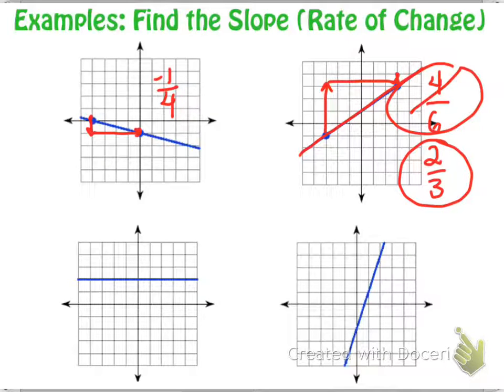So this is a horizontal line, which you should automatically know is a slope of 0. We use m for slope. Or if you were to pick 2 points, that would be a rise of 0 and a run of 4 in this case, which equals 0. Now this one doesn't have the points marked, so you got to pick intelligent points.